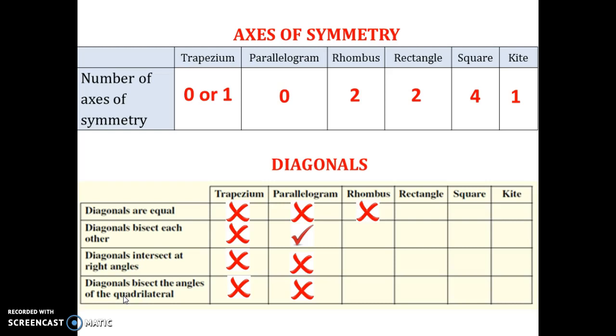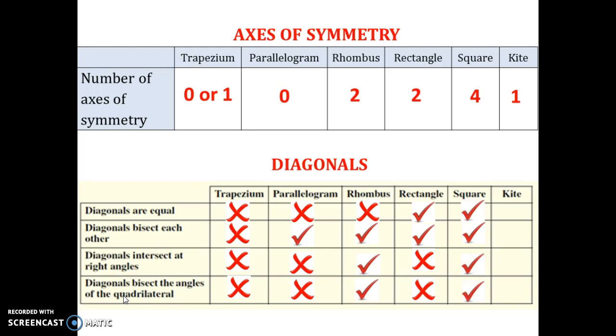For the rhombus, they're not equal either. One's longer than the other. They do bisect each other. They do actually cut the angles in the corners of the rhombus, and they do bisect. They cut at the centre at right angles. A rectangle, all of them are true. So the first two are true, and then the second two are false. For the square, they're all true.